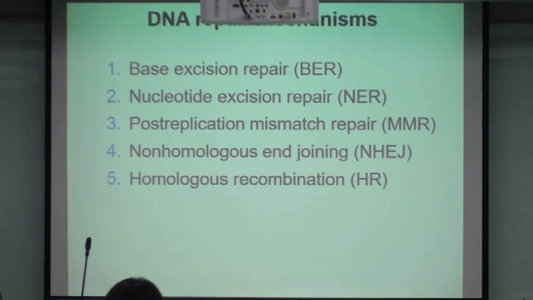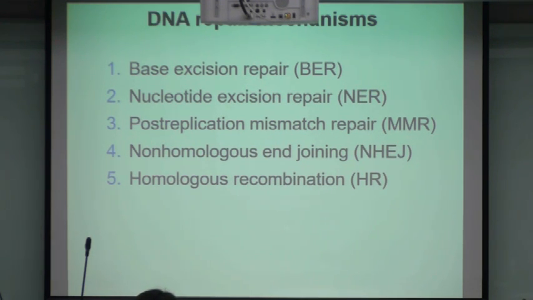If you remember, the fork is going like this, right? And then sometimes, if you have a mutation, the DNA polymerase can't go, and it stops. The stall, in the worst case, introduces a double-strand break. So when you have a double-strand break, you start having some proteins that recognize that a double-strand break has happened and needs to be fixed.